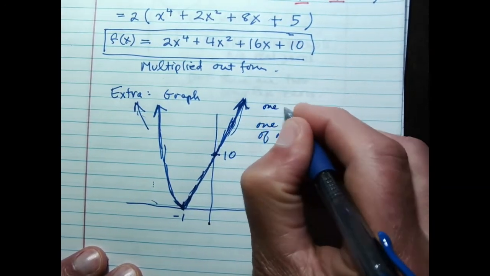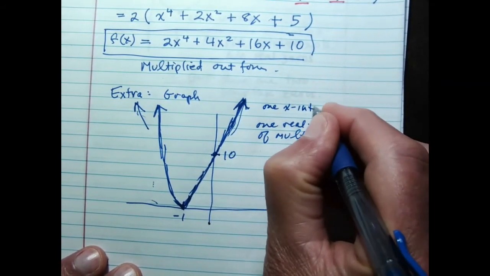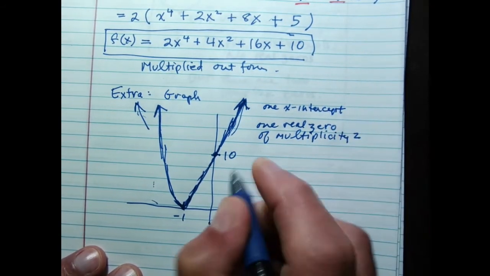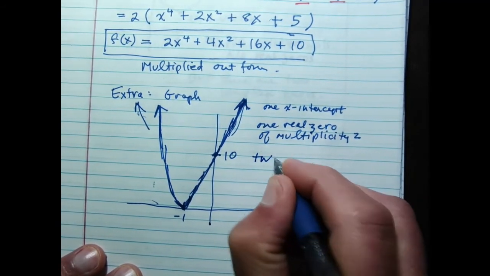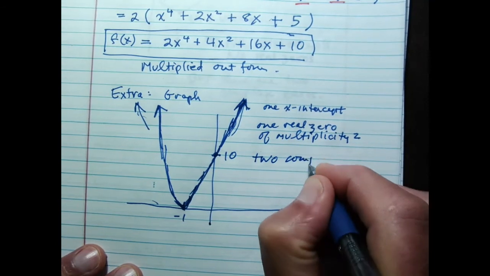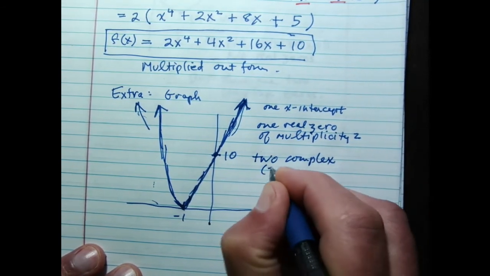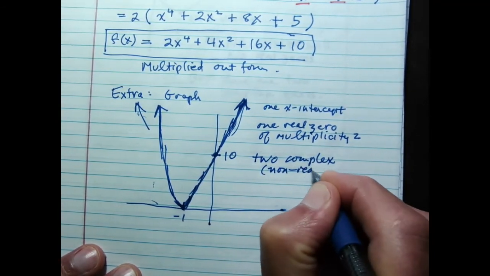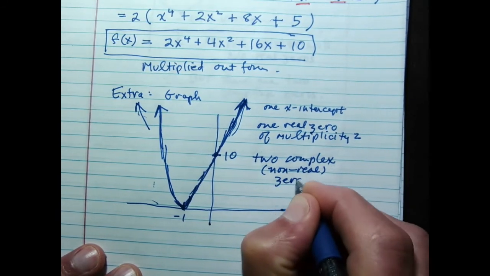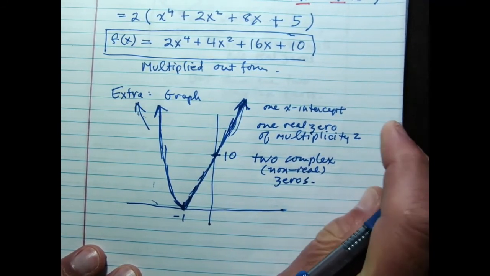There's one x-intercept. And there are two complex non-real zeros. And I kind of want to say good riddance.